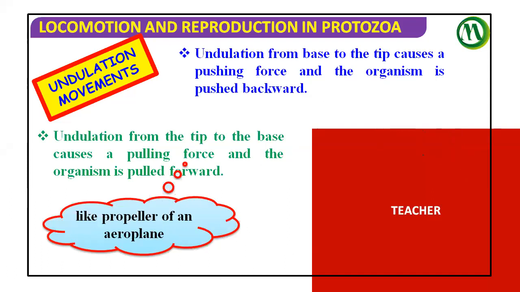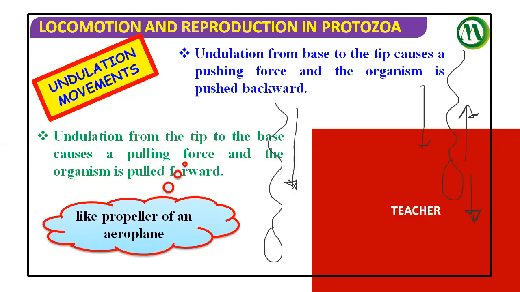So the two things we learn now: one is undulation from the base to tip. When undulations occur from the base to tip, what happens? There is a pushing force, and the organism is pushed backward. Next, the second case: undulation from the tip to base, like this.